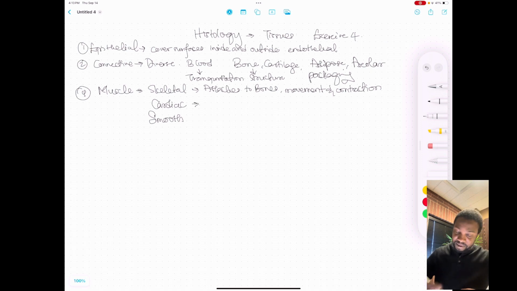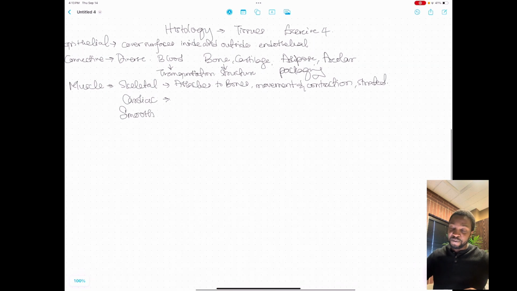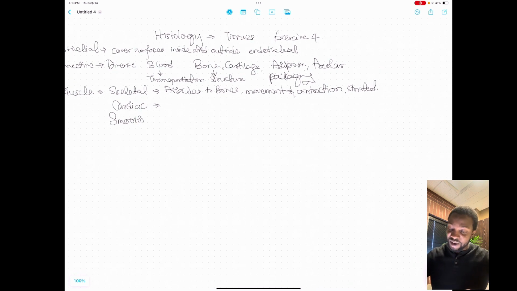Cardiac muscle is also, actually, before I go to cardiac, a few more things about skeletal. Skeletal muscle is striated, which means it's got lines formed by the different types of proteins that are found in it. So it's striated. It's mostly voluntary.